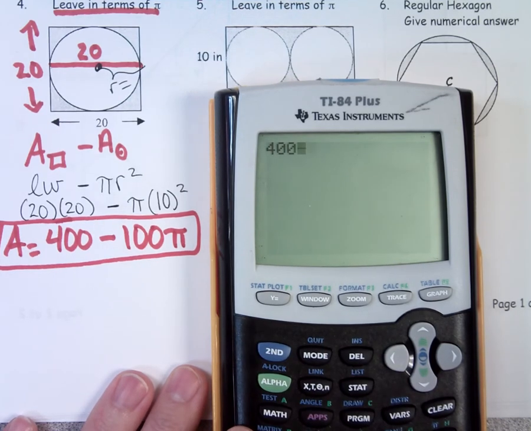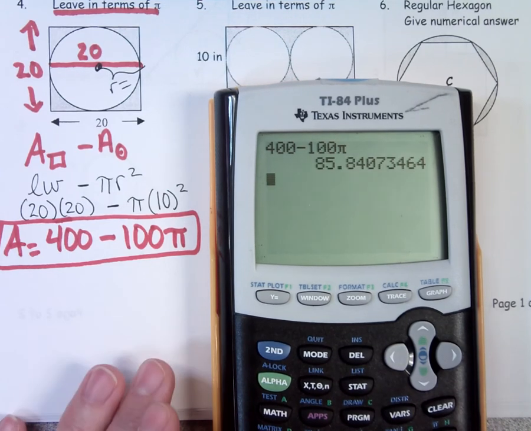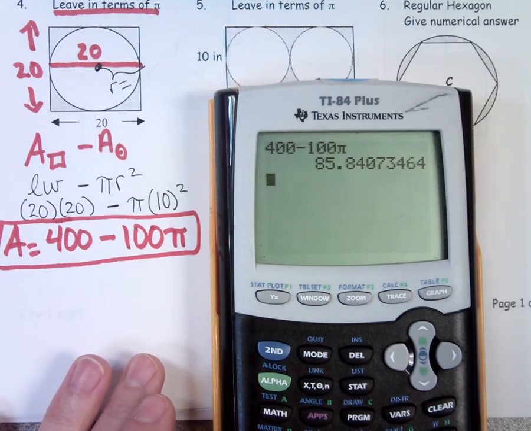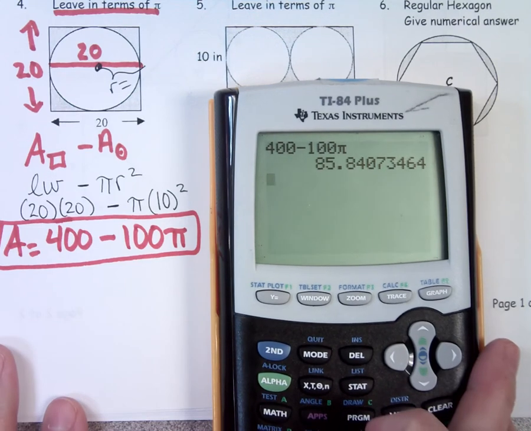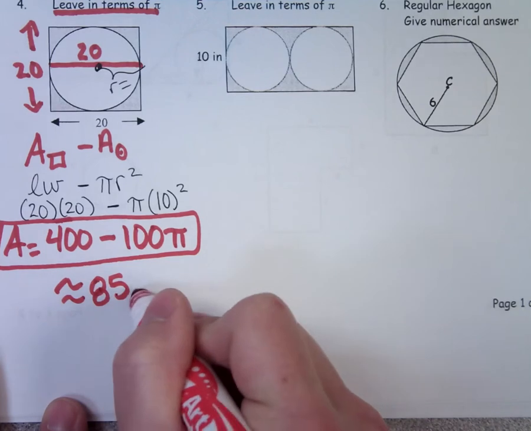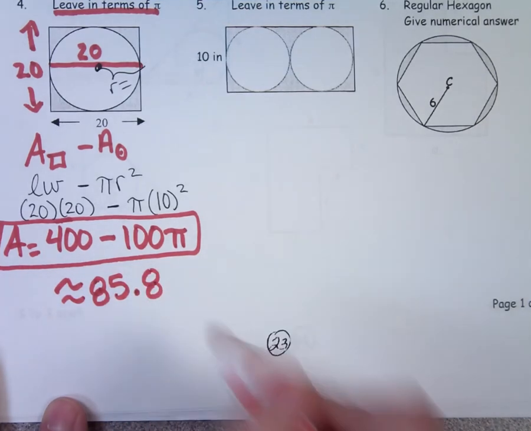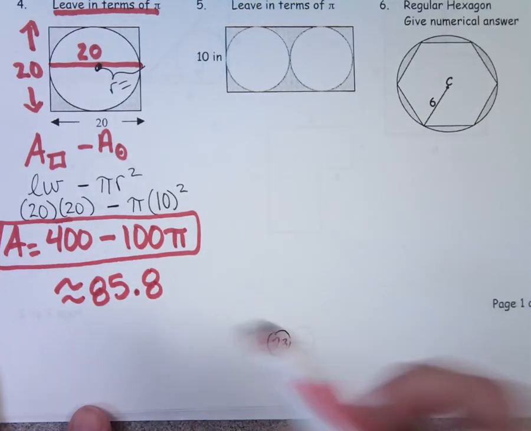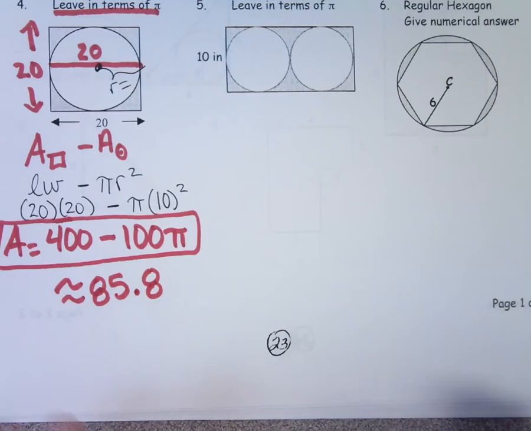Oops, I accidentally hit clear. 400 minus 100 pi, and if I rounded to the tenths, it would be 85.8. So I'm also just going to attach that in there, about 85.8. And this is area, so this would be units squared if I wanted to give it a label.